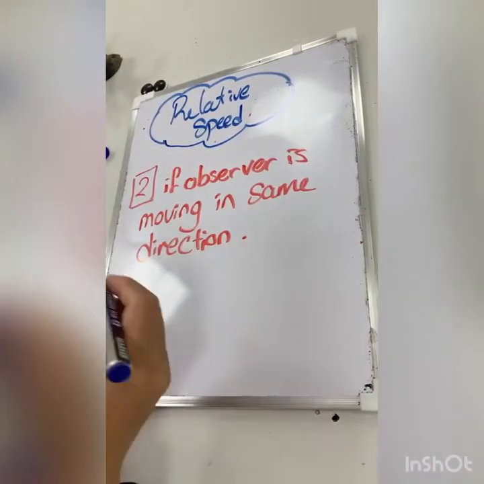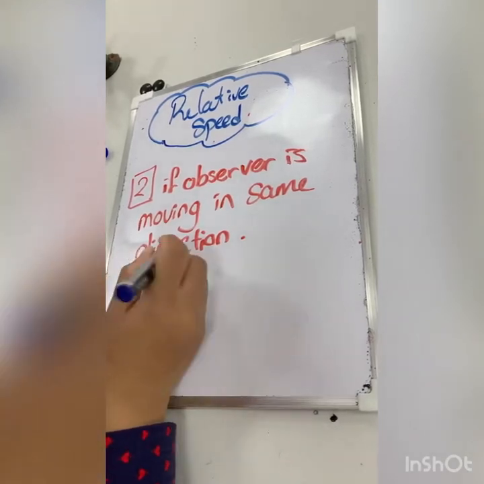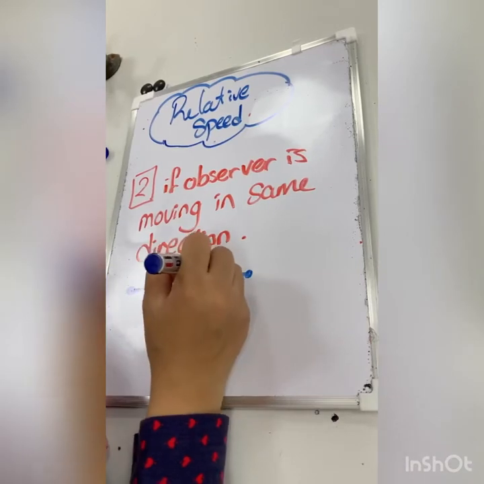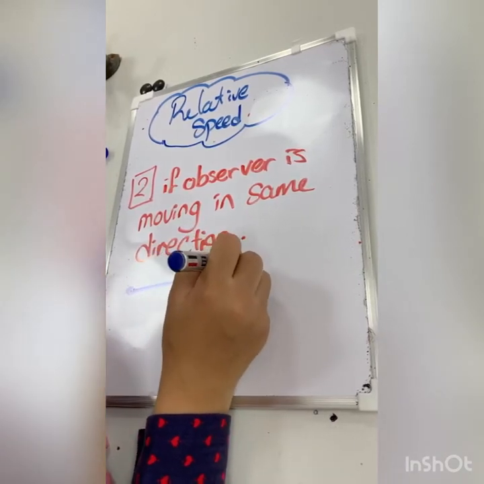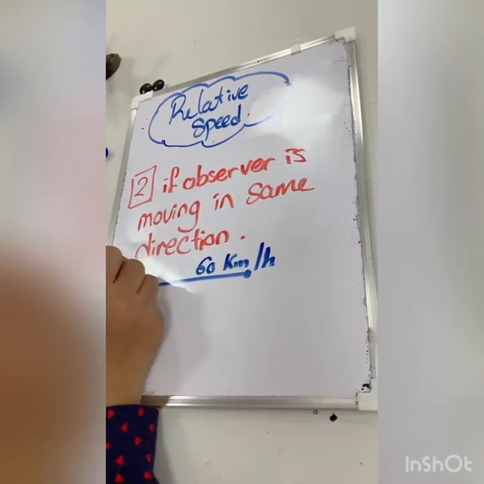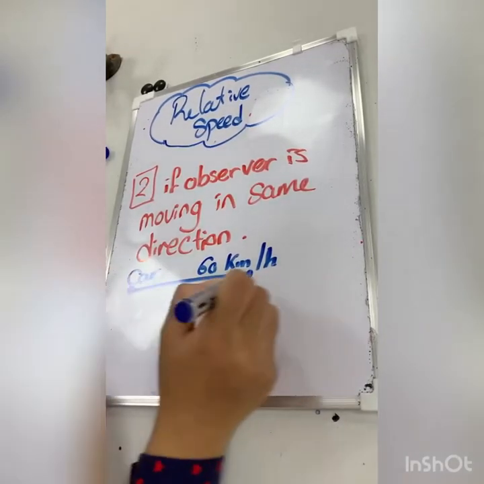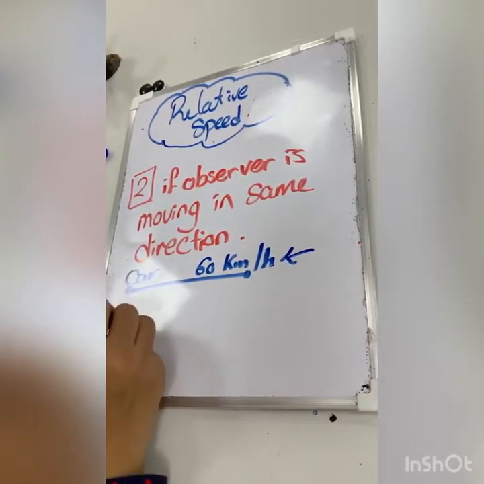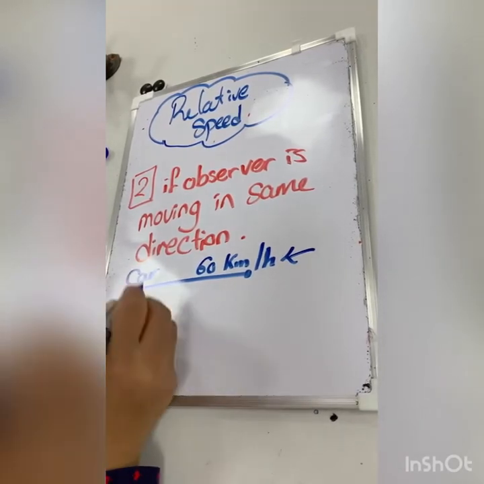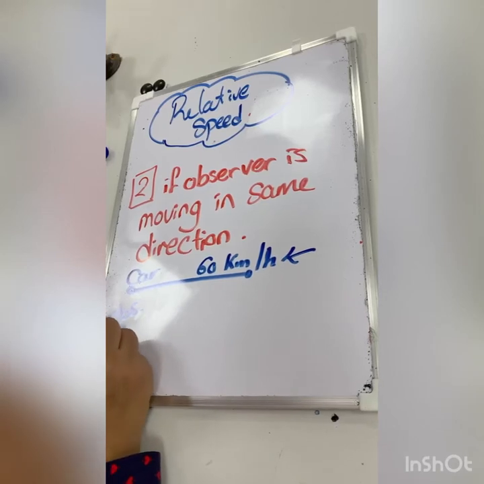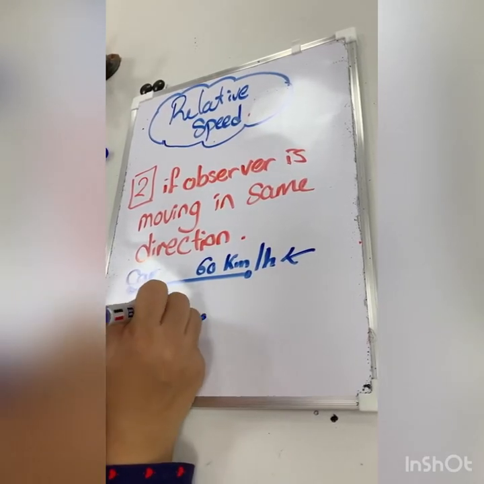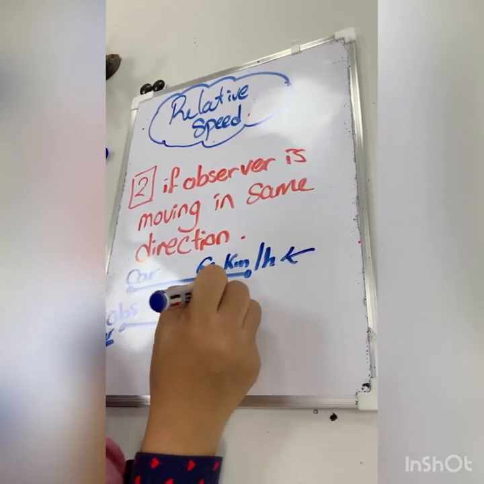Let's see an example. If the car is moving at a speed of 60 km/h, this is car A, this is the actual speed, and the observer is riding also in a car, car B, moving at a speed of 40 kilometers per hour.